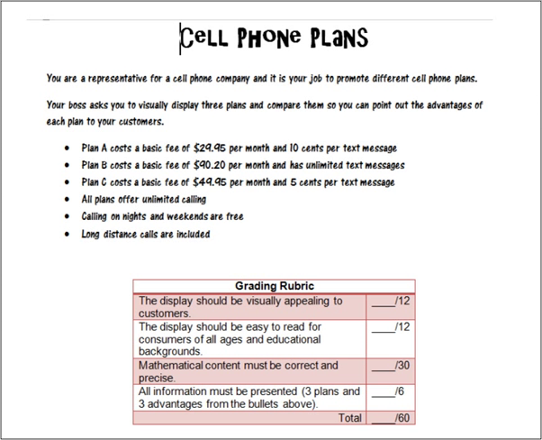You can go buy a display board at Walmart if you would like to do that. You're going to have today to plan out your display and to know what you're going to do.